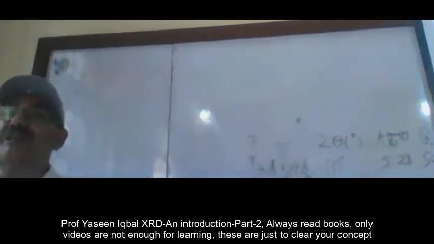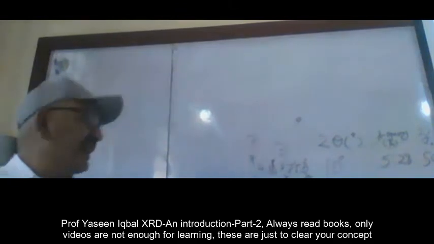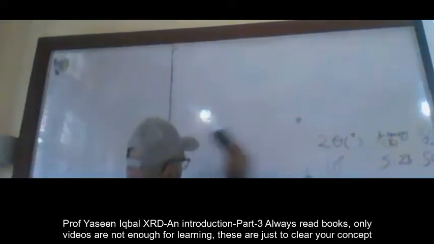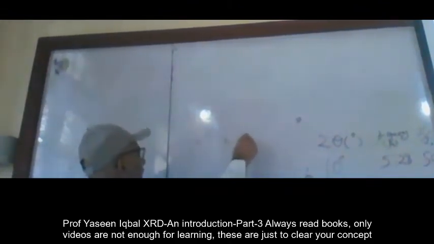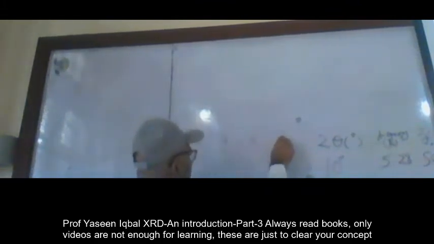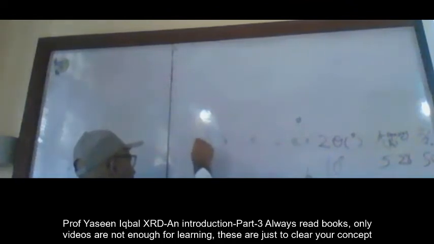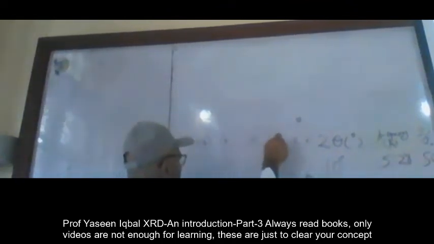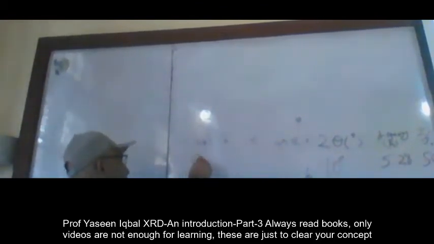Now your job is to look into the relevant ICDD cards. ICDD cards give you a, b, c, alpha, beta, gamma. These are in angstroms, and these are in degrees. Then the crystal system and space group.